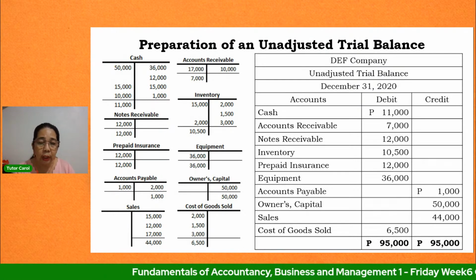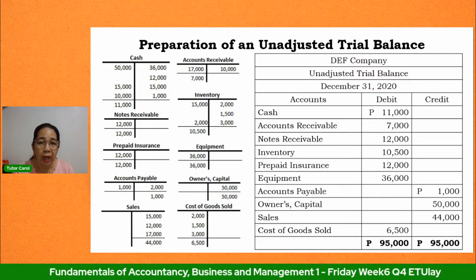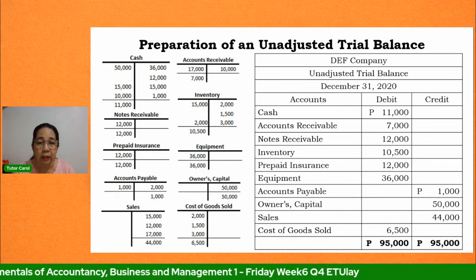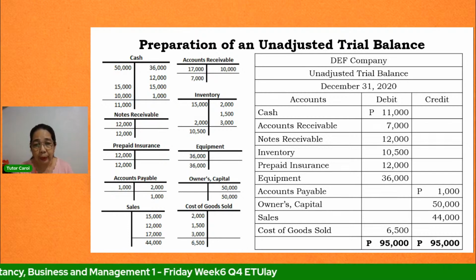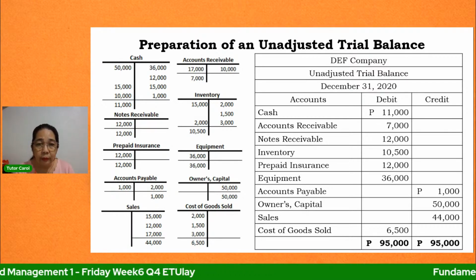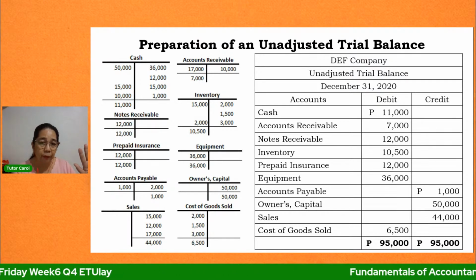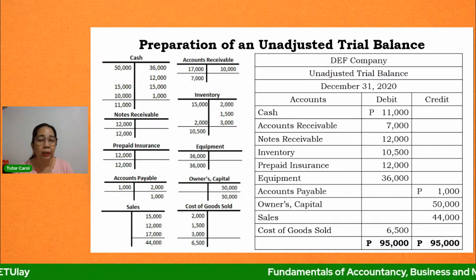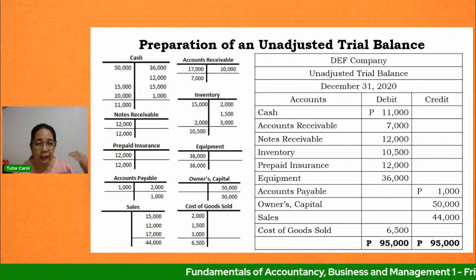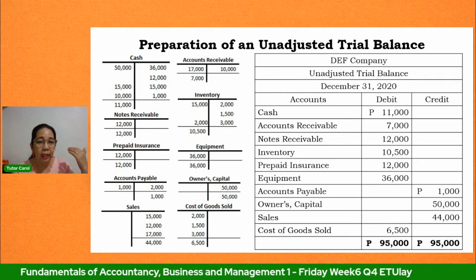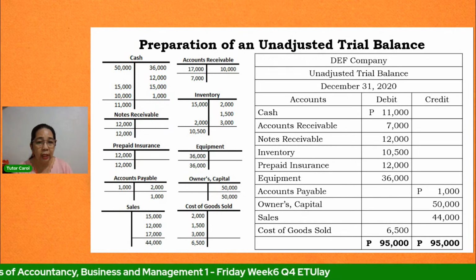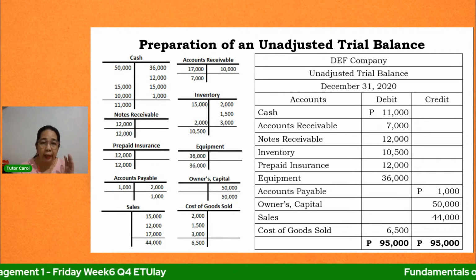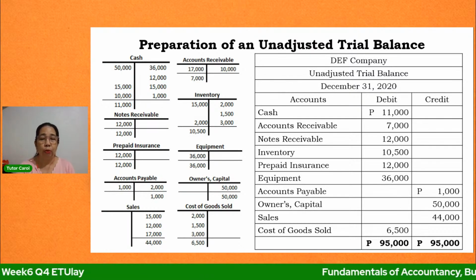Sa right side, makikita ninyo yung unadjusted trial balance, report form. Dito sa left side, nandyan lahat yung accounts: assets, liabilities, equity, revenue, and expenses, arranged according to ALEREX. And then the debit column and the credit column.